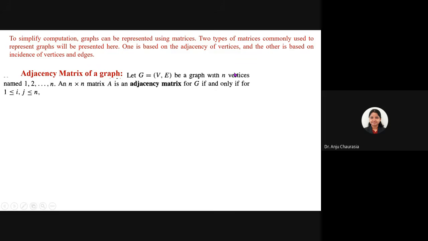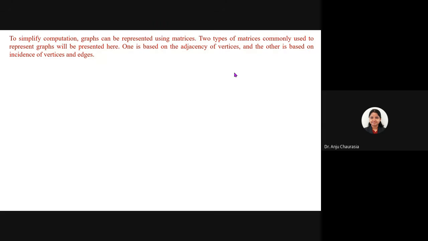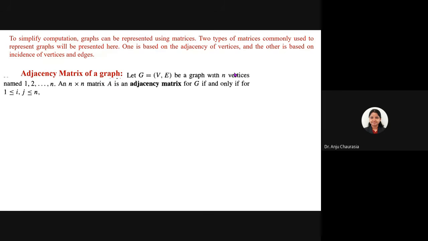One is the adjacency matrix and another is the incidence matrix. Just listen, the adjacency matrix is based on adjacent edges. If two vertices are adjacent, the number will be 1. If not adjacent, the number is 0. Everyone knows a computer understands only the language of 0 and 1, binary numbers. That's why you see this structure.